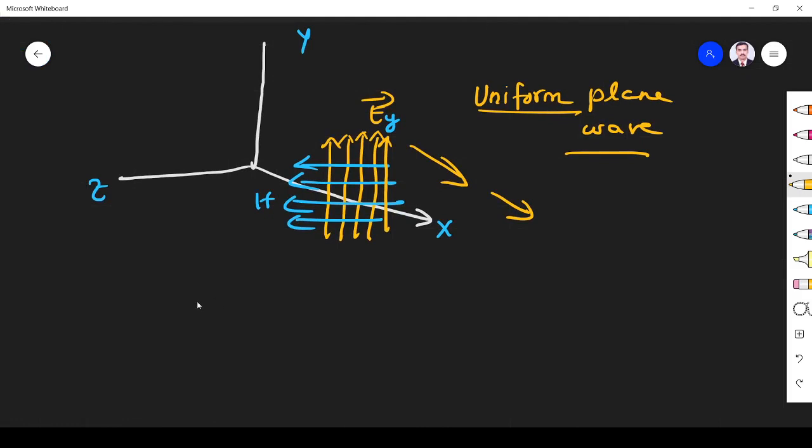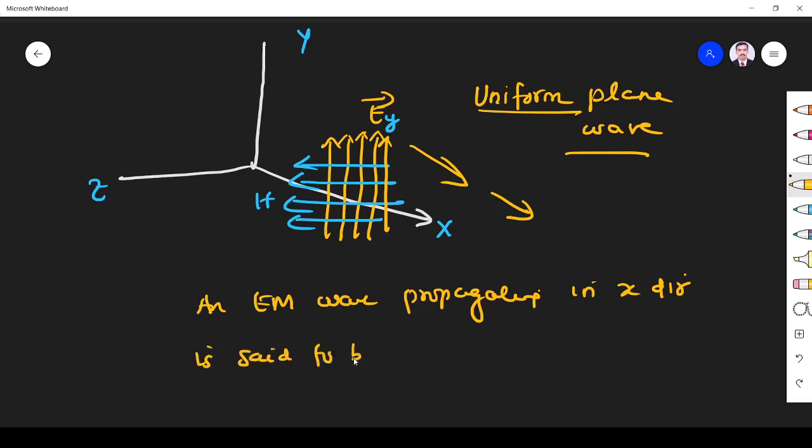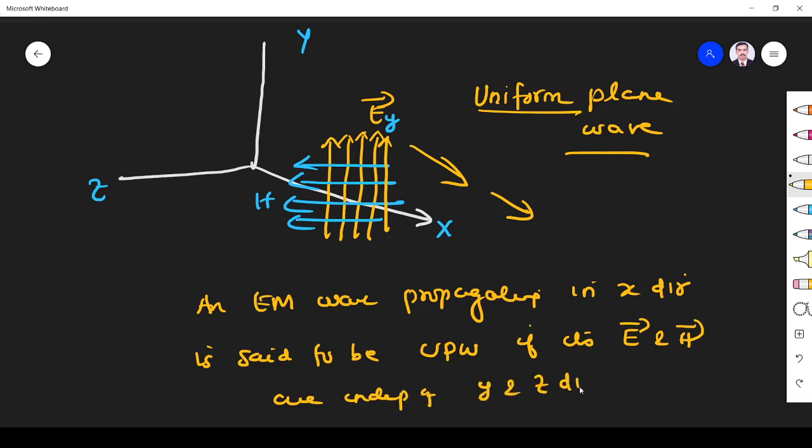Let us define that. An EM wave, an electromagnetic wave propagating in x direction is said to be a uniform plane wave if its E and H, electric field and magnetic field, are independent of Y and Z directions.